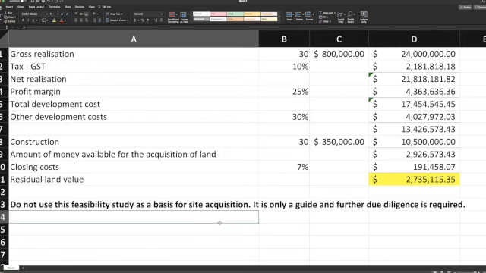So that's really important. I hope you found that quick run through the feasibility, the residual land value, the high level feasibility, the first of 3 different levels of feasibility that we use to undertake a project, or to acquire a project, I should say. So remember, critical aspect of this, do not use this form of feasibility as a method to offer anyone money in relation to acquiring a site.